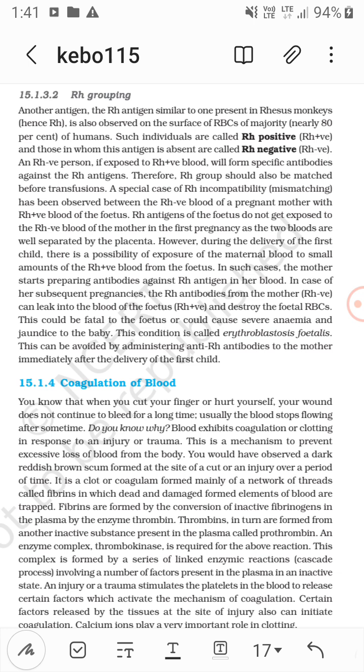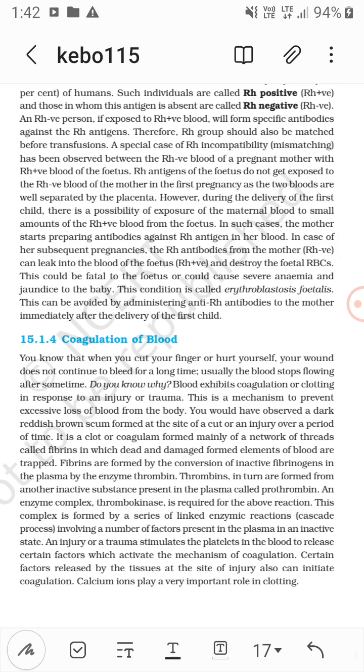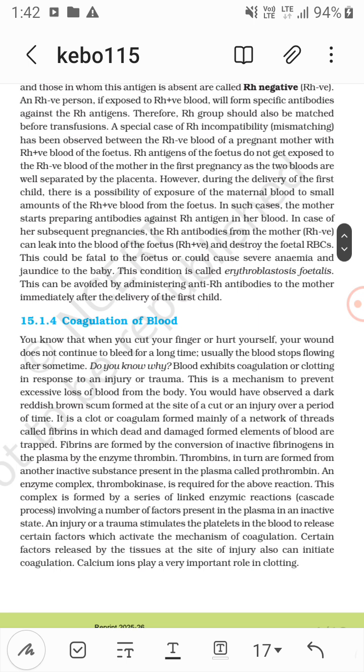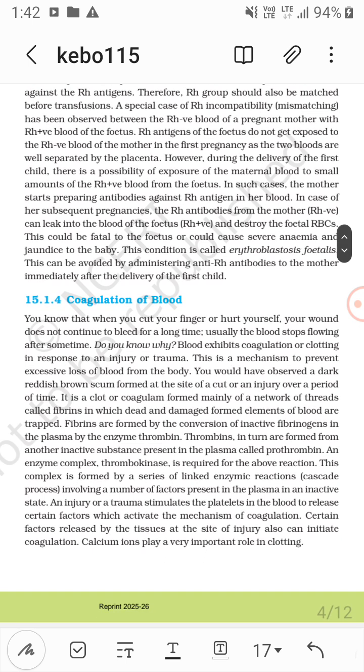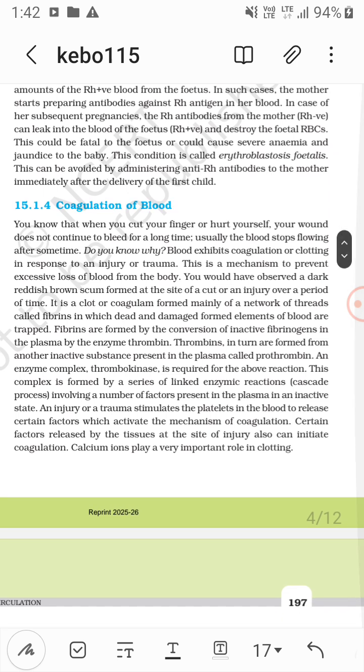This condition is erythroblastosis fetalis, and it is avoided by administering anti-Rh antibodies to the mother immediately after the delivery of the first child. So up to the first child, everything is good, but just after the first child is delivered, the female has an antibody against the fetus for the next fetus, right?